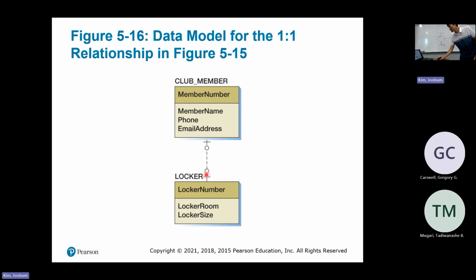In that case, it will be 0. And from the point of the locker, some lockers are empty, available, so nobody is assigned to that locker. In that case, it is 0. So you can get the modality like that.